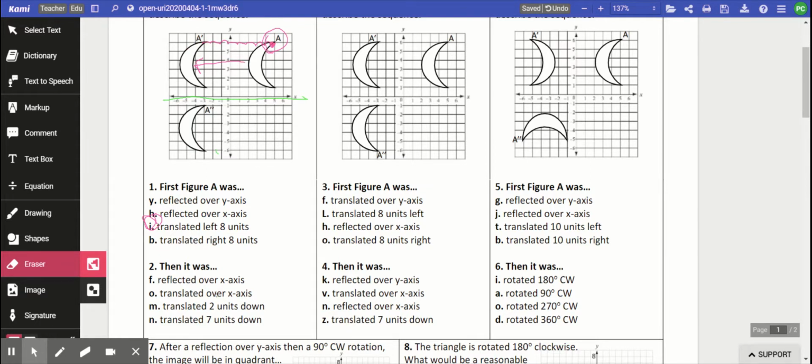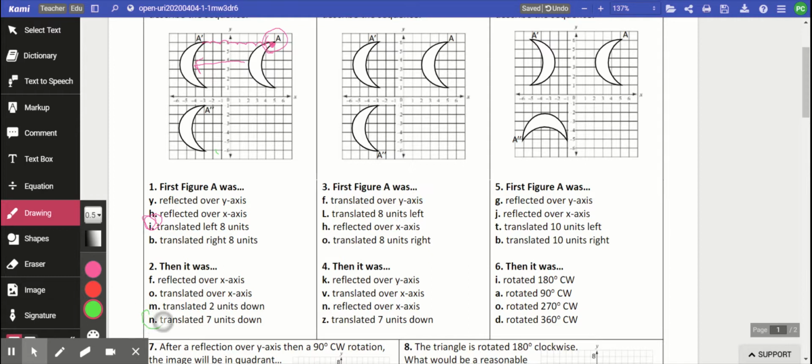Oh, translated over the x-axis. Well, they tell us translated over the x-axis. And I guess that kind of makes sense. But remember, translations are slides. And we're supposed to be given certain directions like how many units. So then O is not the best choice. Remember that M did not work.